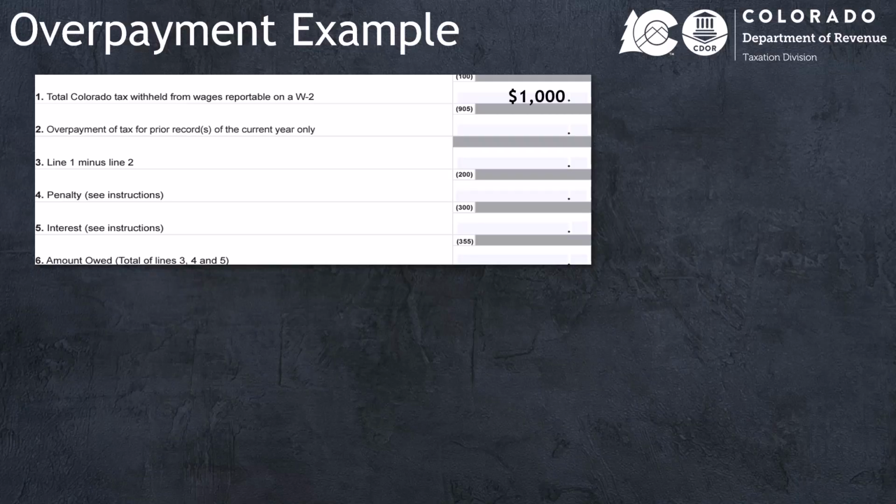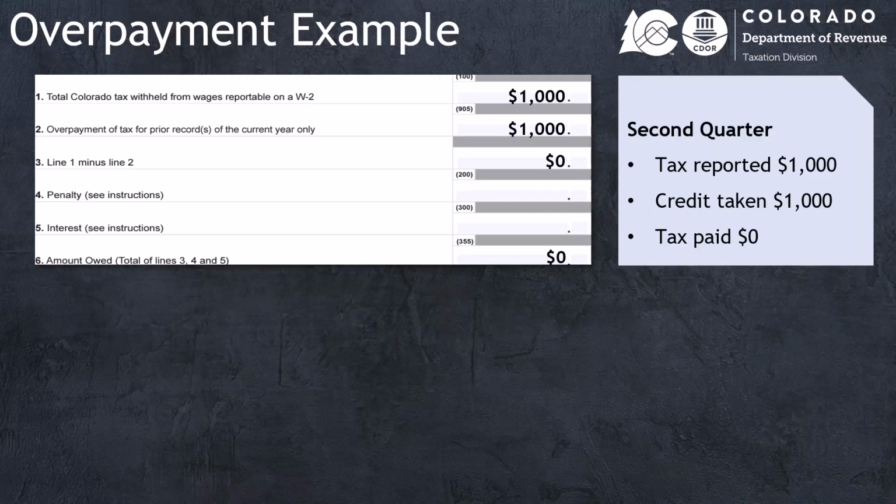For example, let's say the employer's total withholding liability for the second quarter is $1,000. Of the total $1,200 overpayment to the first quarter, the employer can only claim $1,000 in the second quarter on Line 2 because Line 2 cannot exceed Line 1. This reduces the payment in the second quarter to $0.